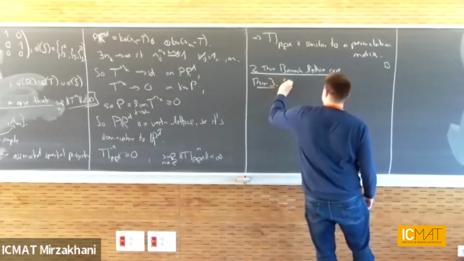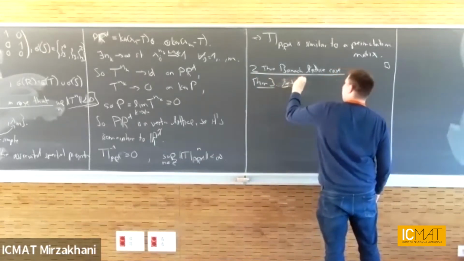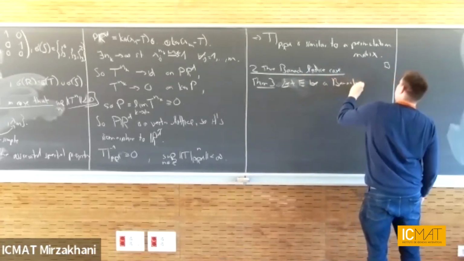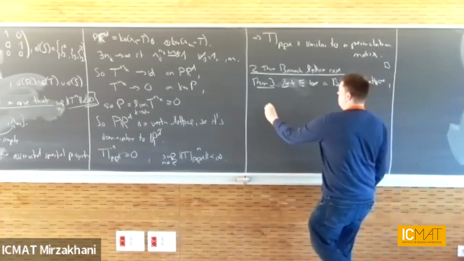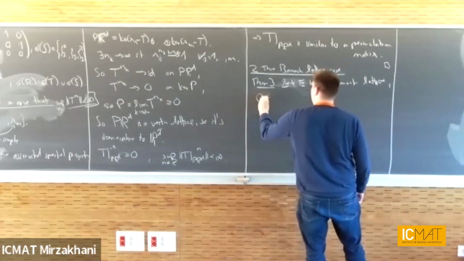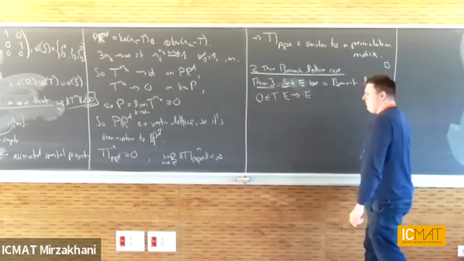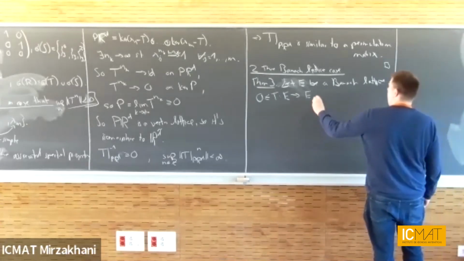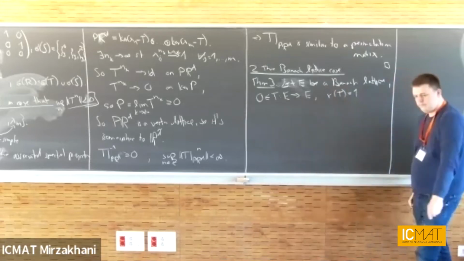Let E be a Banach lattice, and T a positive operator from E to E. Now we talk not only about eigenvalues, we're talking about spectral values. And I again assume that the spectral radius is 1.